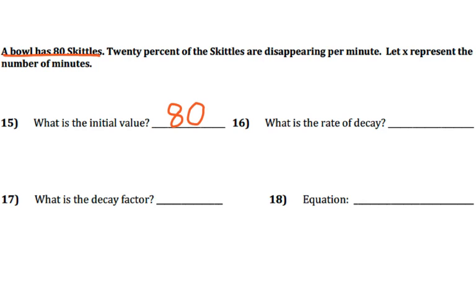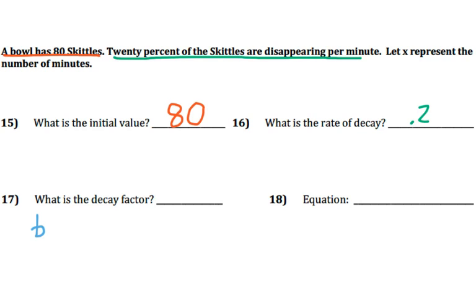Number 16. What is the rate of decay? Well, our rate, it says that 20% of the Skittles are disappearing per minute. So our rate is 0.2 or 20%. Number 17. What is the decay factor? Remember, the factor is represented by b.